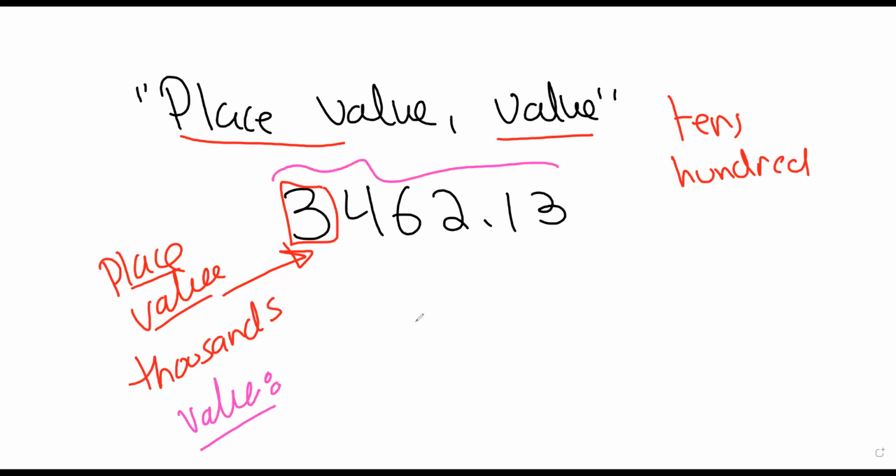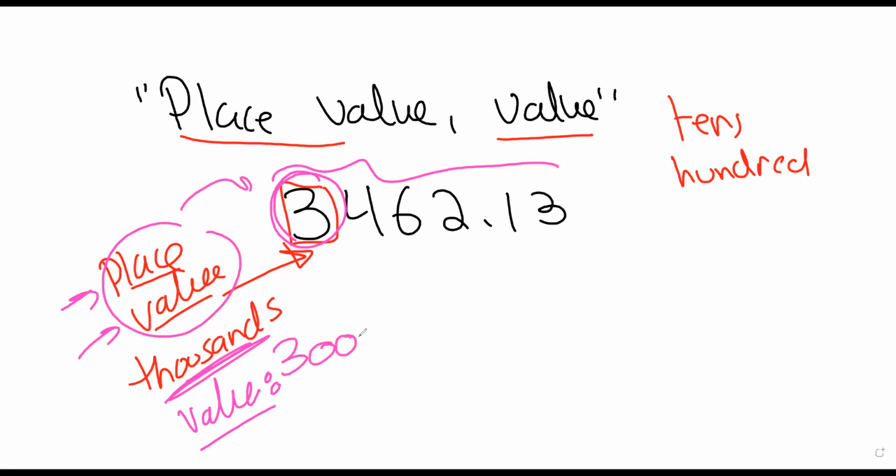If I read this number, it will be read as 3,462. Since we are discussing the 3, the place value of the 3 is thousands. The place value is a word that describes the position of the 3, while the value is a number: 3000.